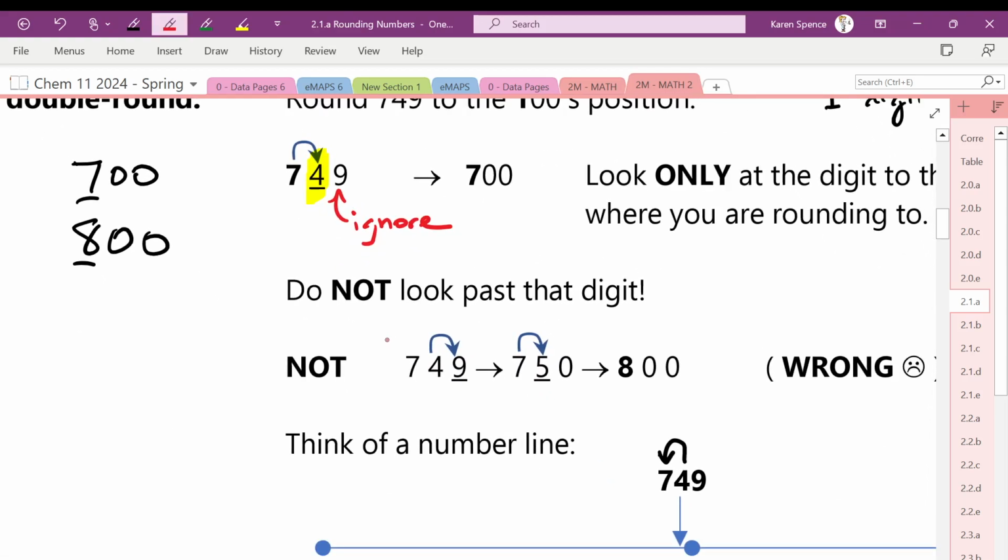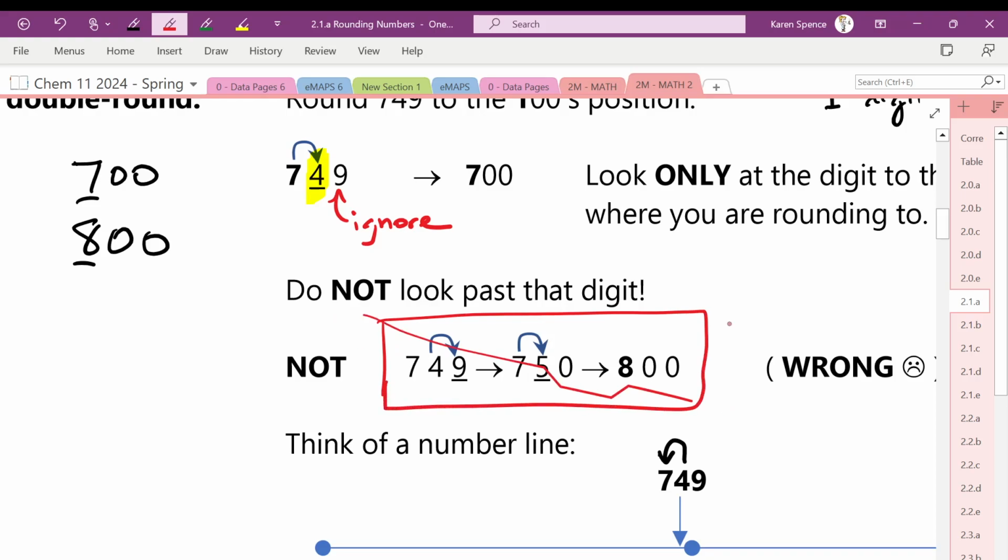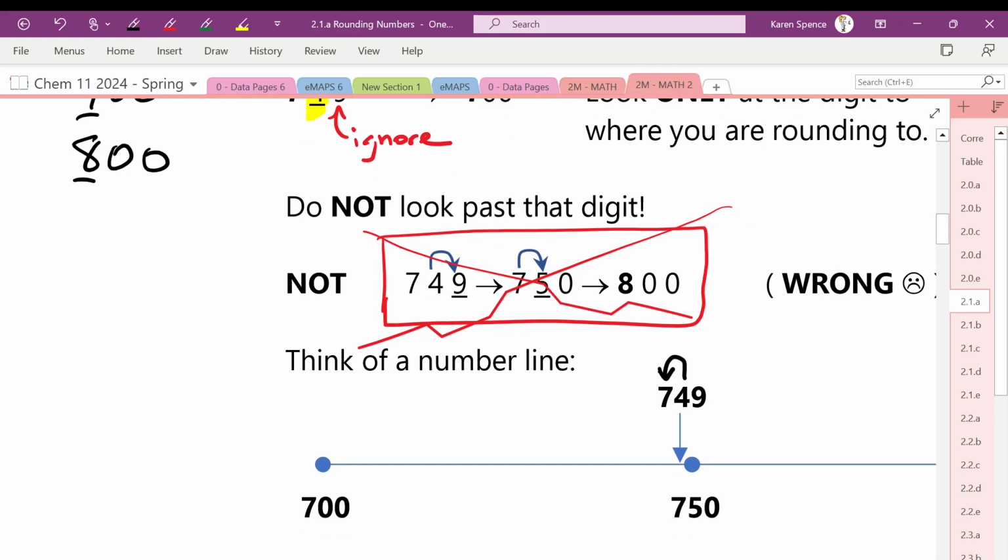Okay, so this business where you have 749 and it rounds to 750 and then it rounds to 800, that is wrong. Those are weird lines, but that's okay. That was just supposed to be an X. There we go.